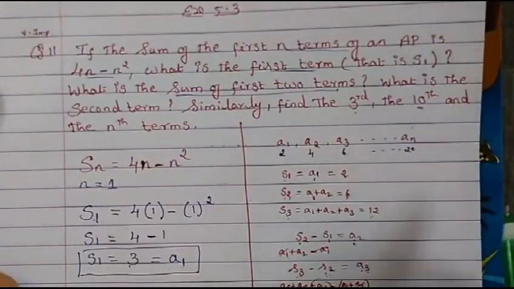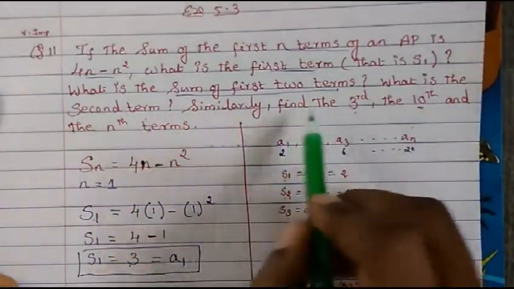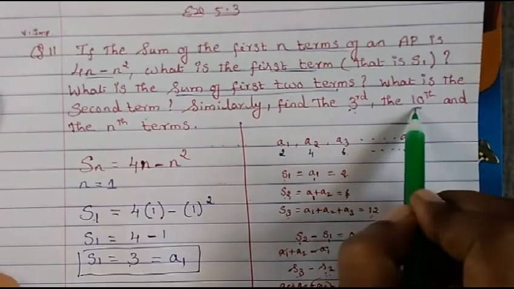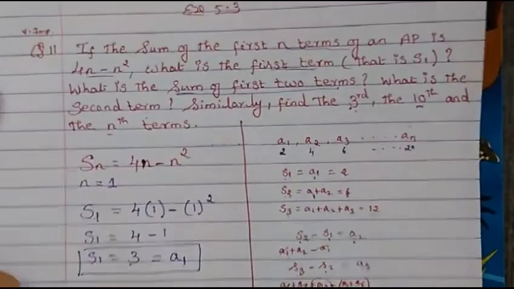So we found the sum of the first two terms, then the second term, the third term, and the 10th term. Now we have to find the nth term.